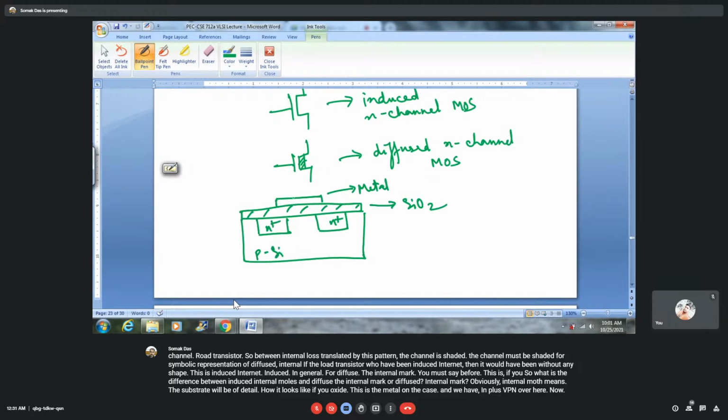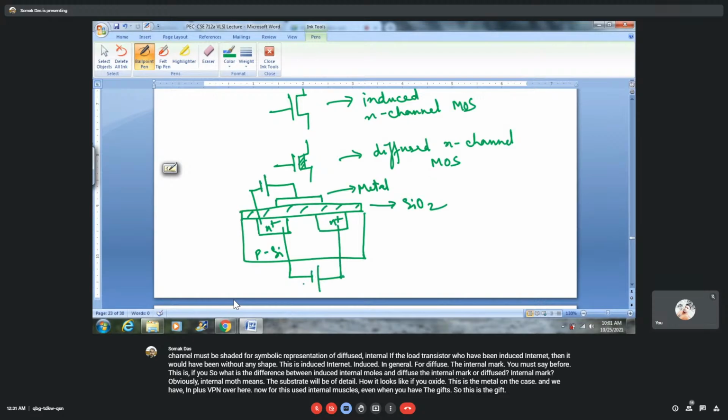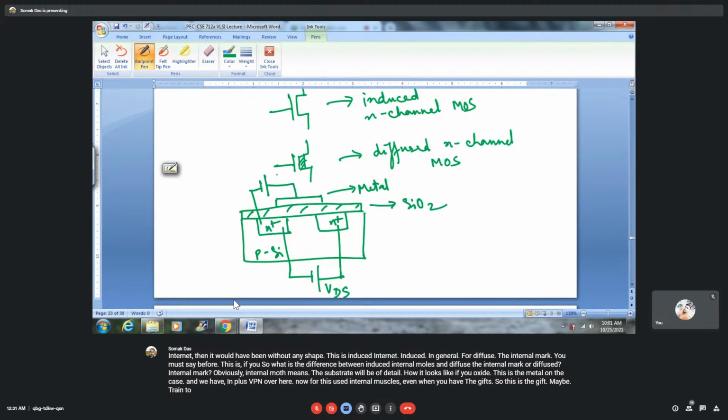Now, for the diffused N-channel MOS transistor, we have the gate to source potential, VGS, which is a variable potential, and the drain to source potential, VDS, which is a constant potential.